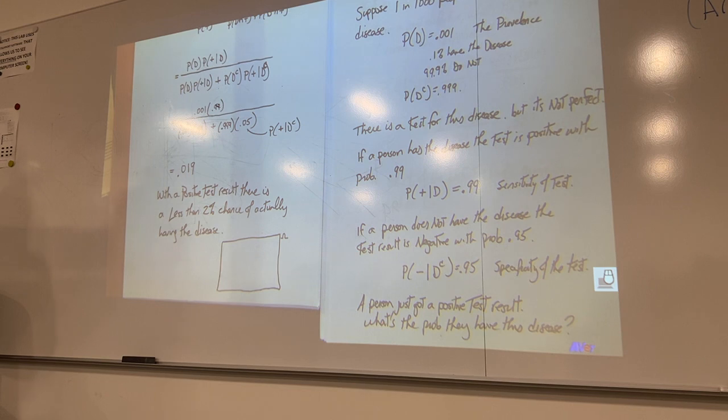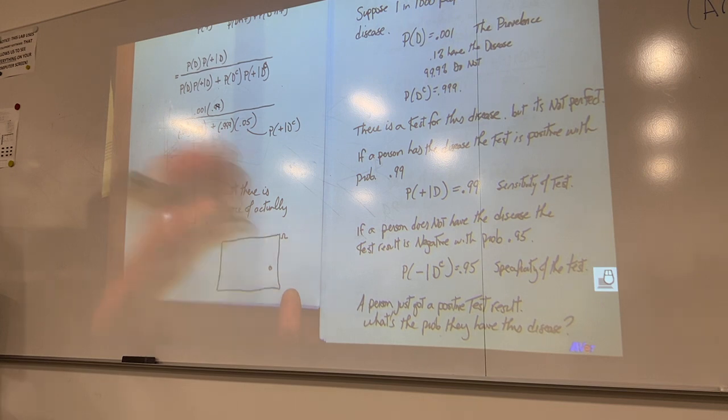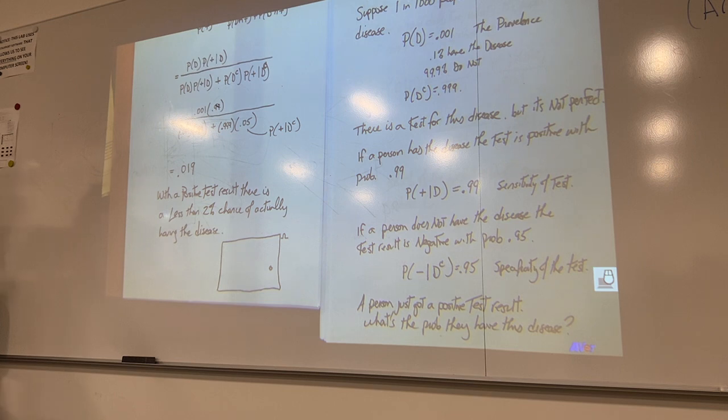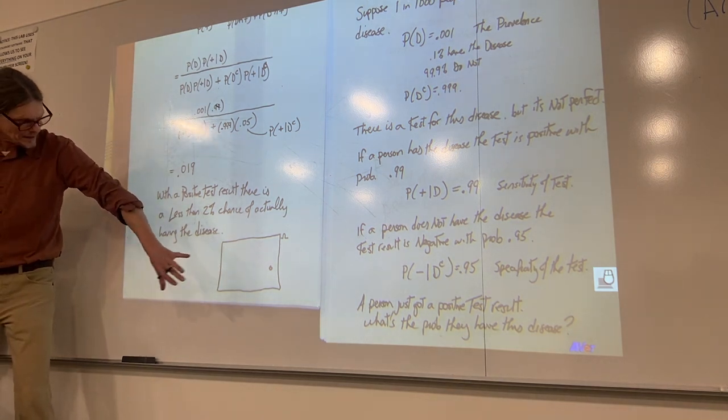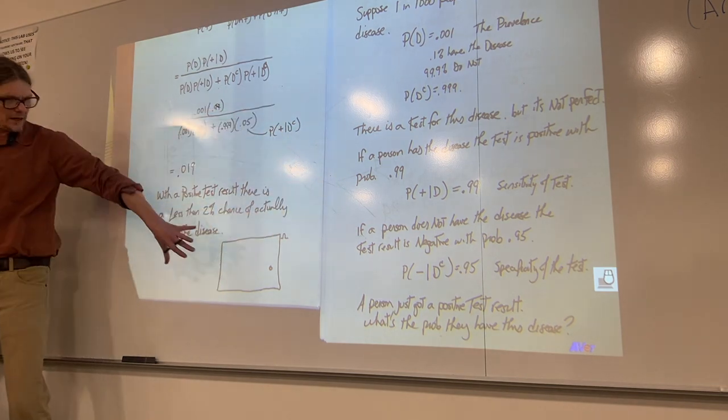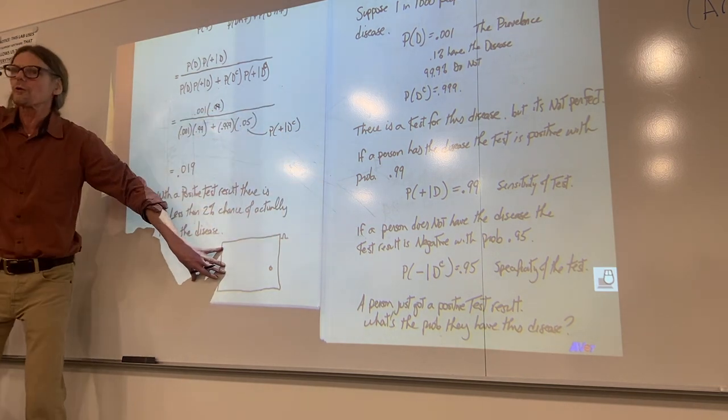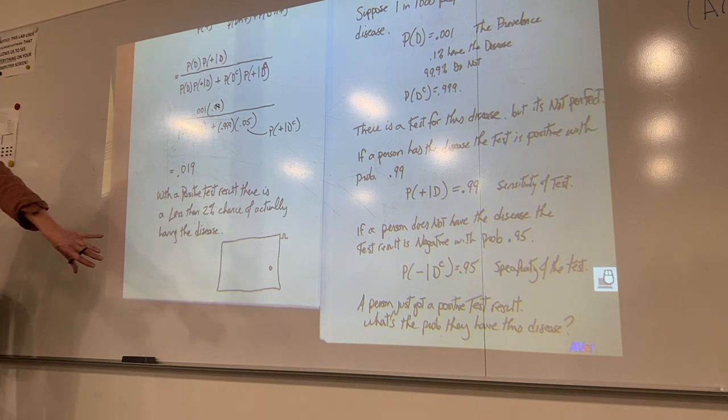Because it still makes sense because so few people have the disease. Do you see what I'm saying? That is my 0.1% of my population. So in other words, the 5% of the huge group is dwarfing the 99% of the little group. That's what's happening there. Do you see that?